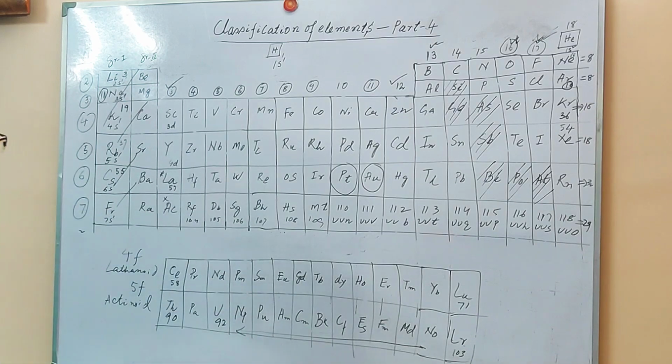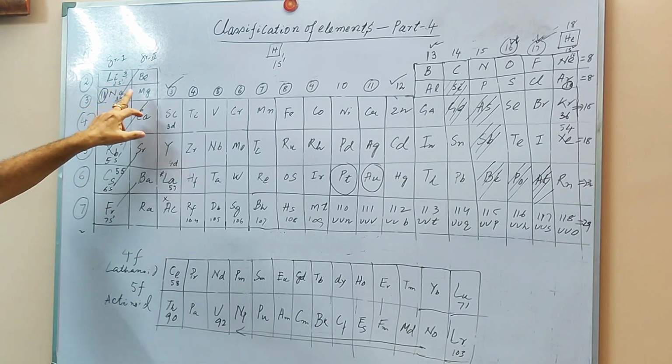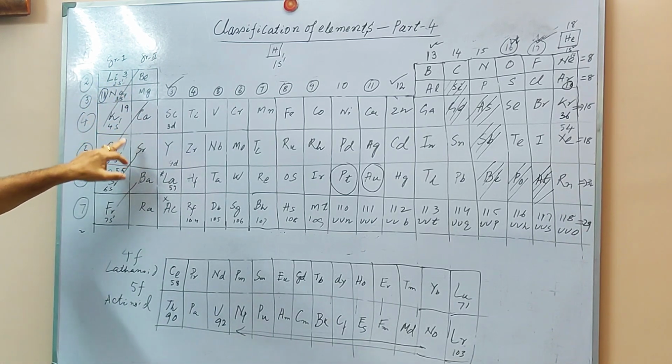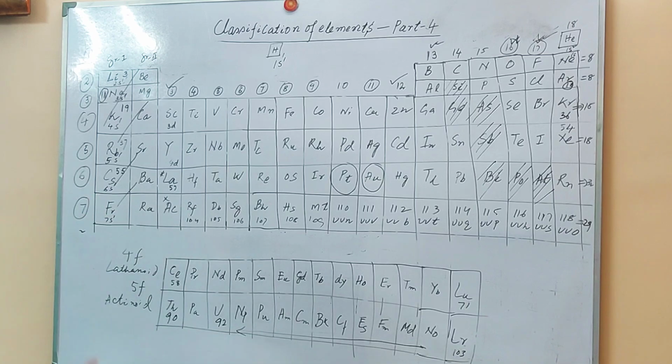In the first group, the valence shell electronic configuration of lithium is 2s1, sodium 3s1, potassium 4s1, rubidium 5s1, cesium 6s1, and francium 7s1.